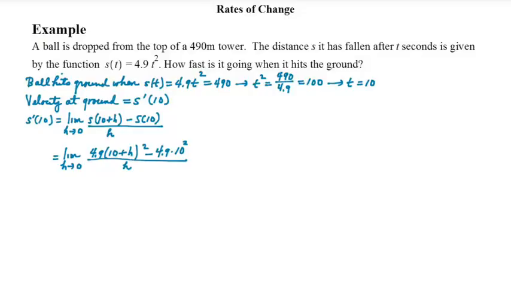And now we need to do some algebra to calculate this limit. We'll begin by expanding out the (10 plus h) squared. And then simplifying the s of 10, and then we still have our h in the denominator. Now we want to multiply the 4.9 through the parentheses.